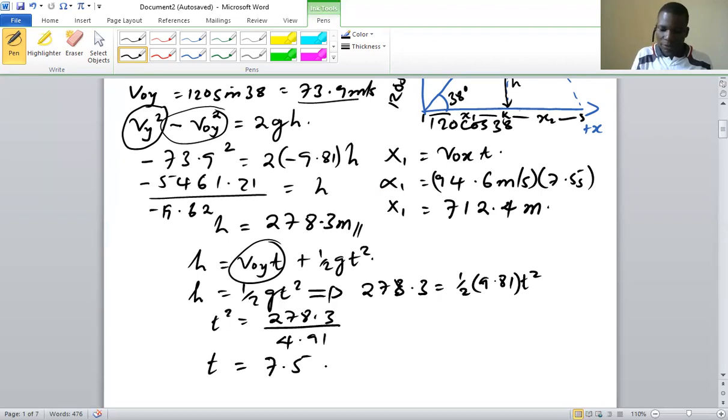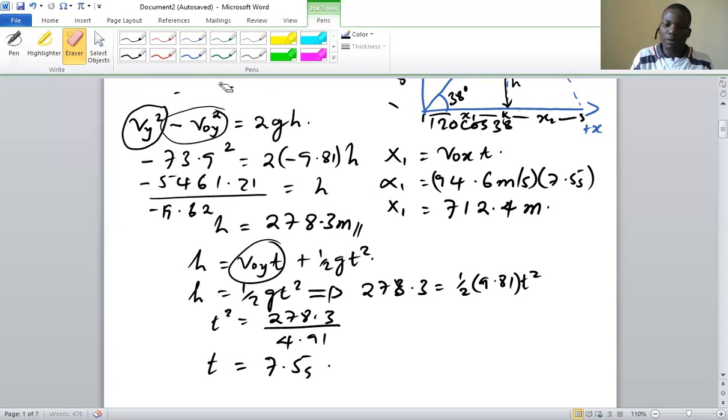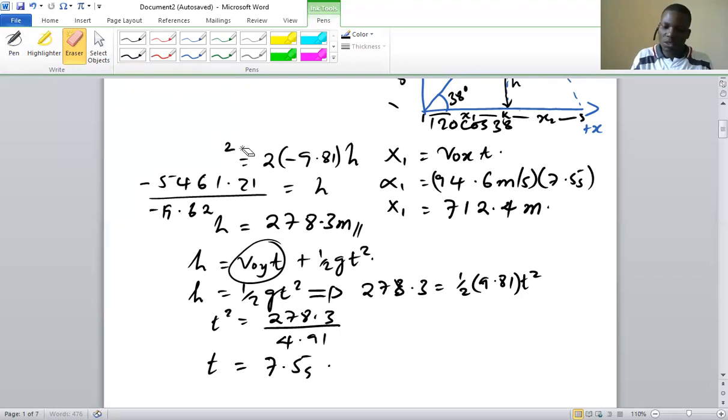Okay, we have 7.5 seconds. So this is the time that the lighter fragment also spent in the air after the explosion. So from there, now we can bring in the concept of conservation of linear momentum. So now, if linear momentum is conserved, we get to find what was the speed after the explosion of the lighter particle. Okay, so how do we solve that?